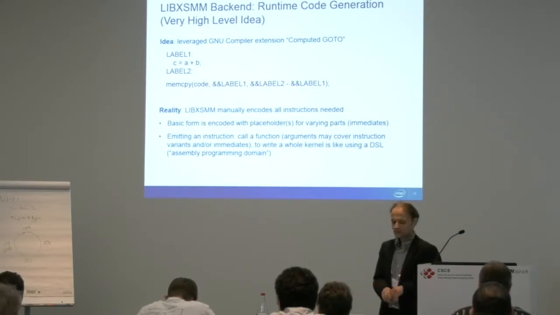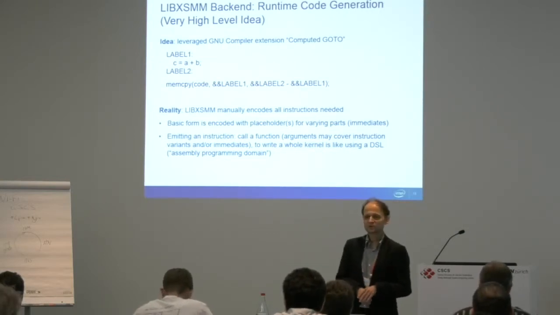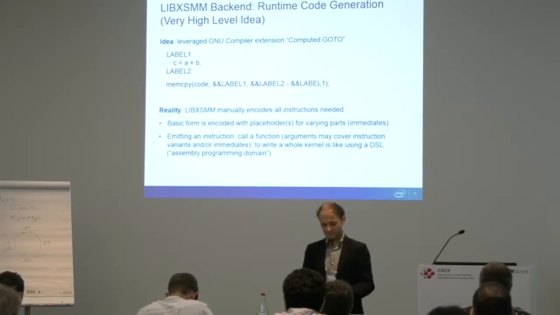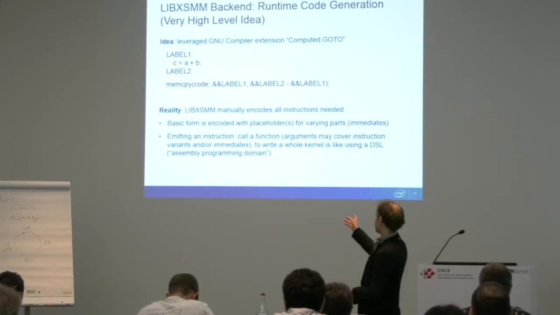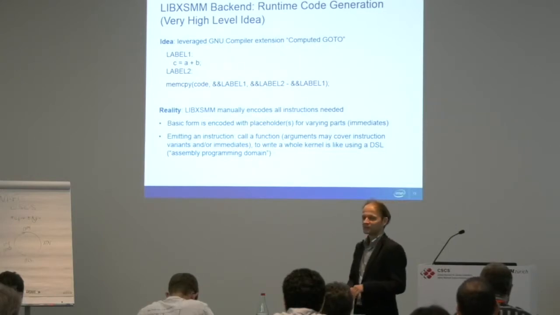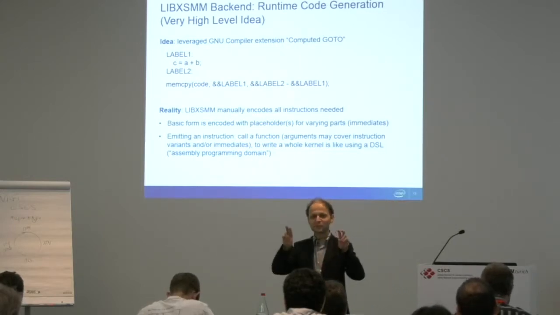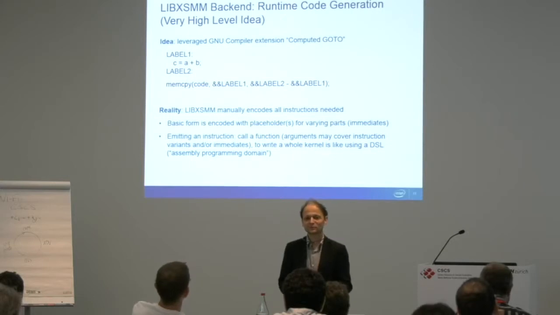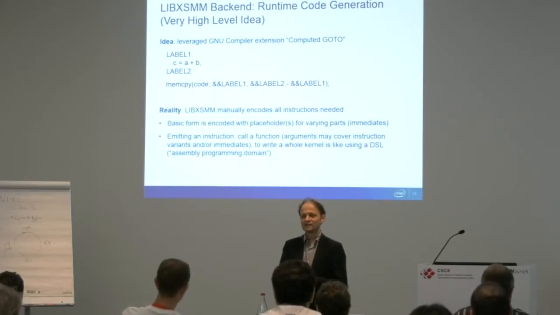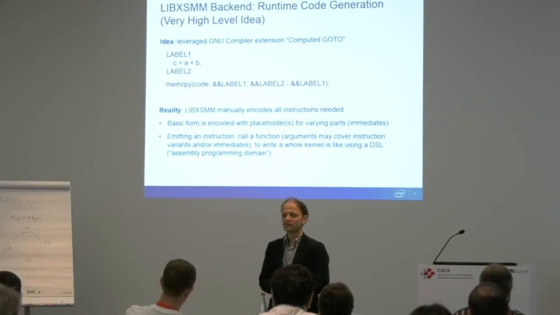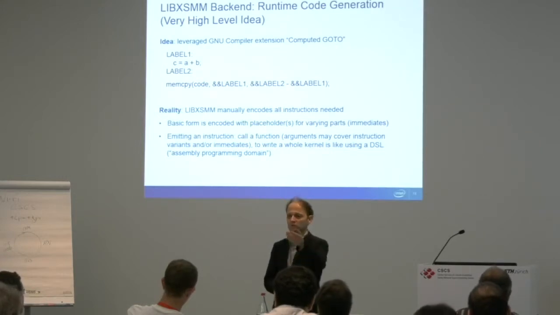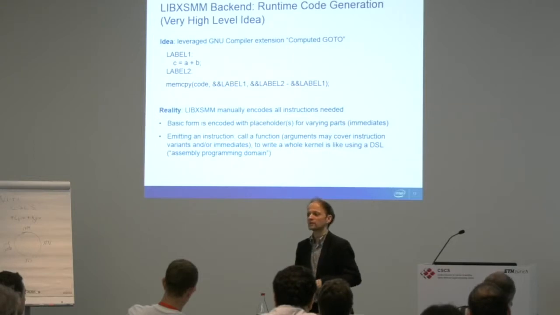And reality is actually, we don't do that. We encode the instructions ourselves, easy enough. And then in the end, you have kind of a domain-specific language. The domain is called assembly programming, right? That's what we have. So we have an API giving you a function that is called emit load. And then the signature of that function gives you all the flavors that the load instruction has.